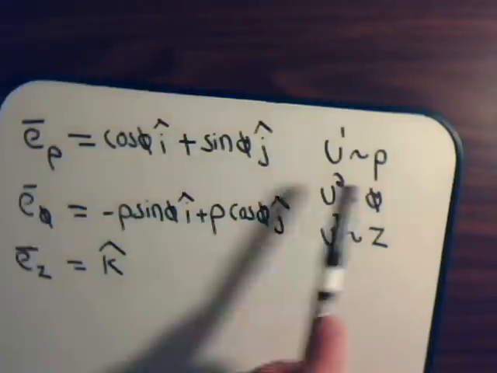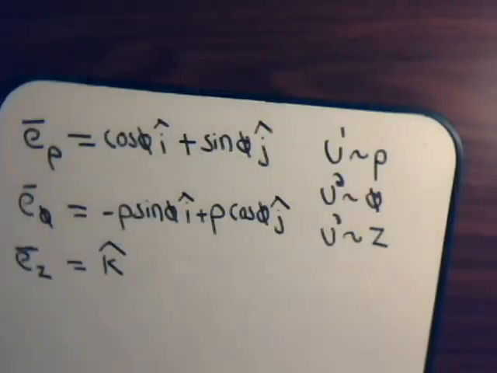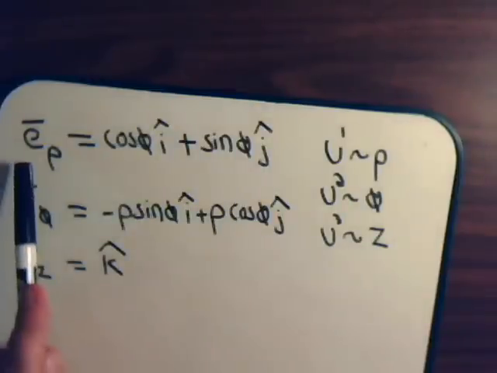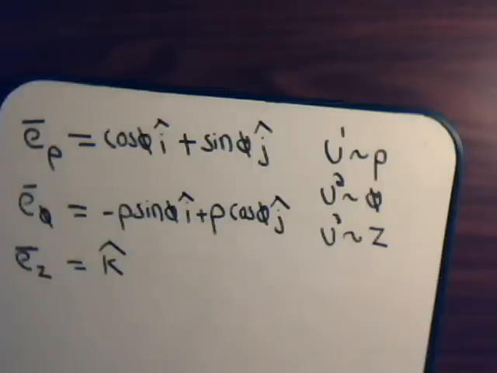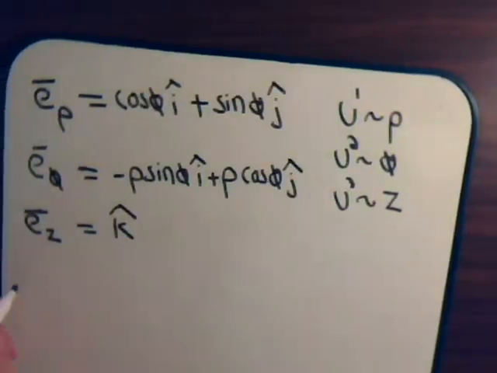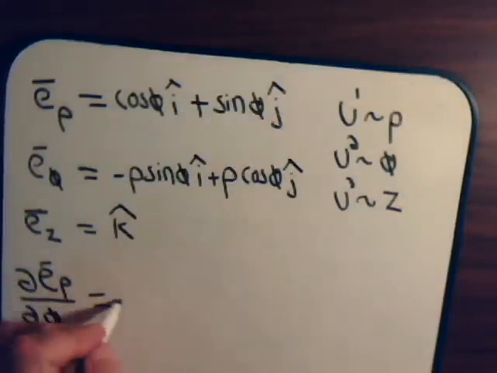Well, the partial of this with respect to rho is 0. The partial of this with respect to z is 0. So of the three derivatives that we take, only one of them is non-zero. That's when I take the partial of this with respect to psi. So what we have then is the partial of E rho with respect to psi, and this will be minus the sine plus the cosine.